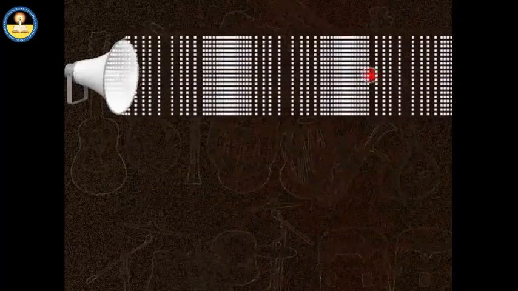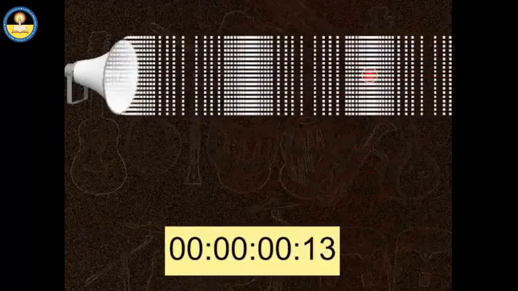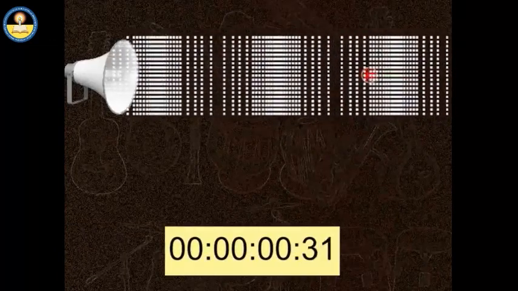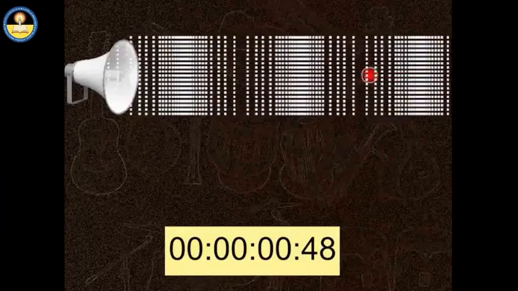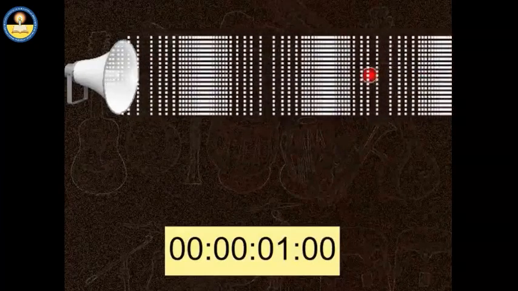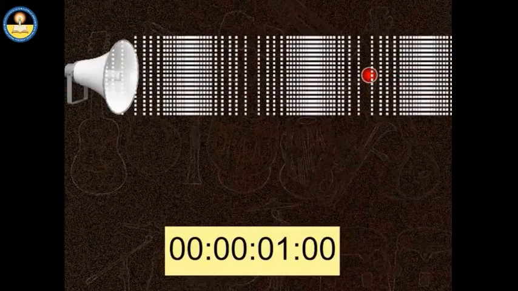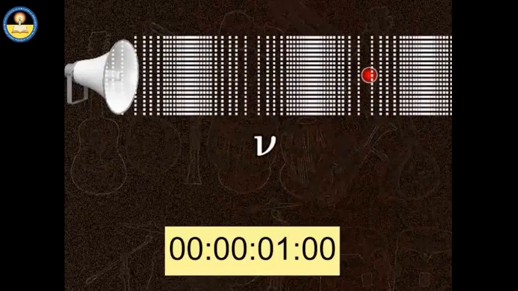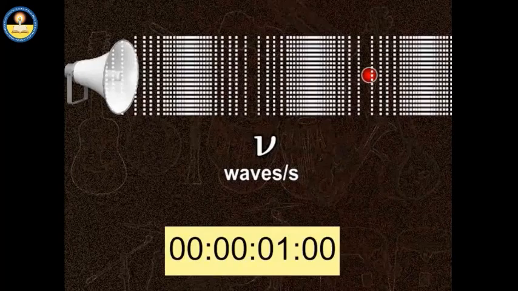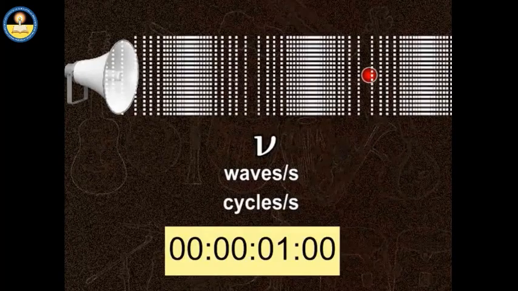In other words, if we can count the number of the compressions or rarefactions that are crossing the given point in 1 second, we will get the frequency of the sound wave. It is usually represented by the Greek letter nu, and its unit is waves per second or cycles per second.